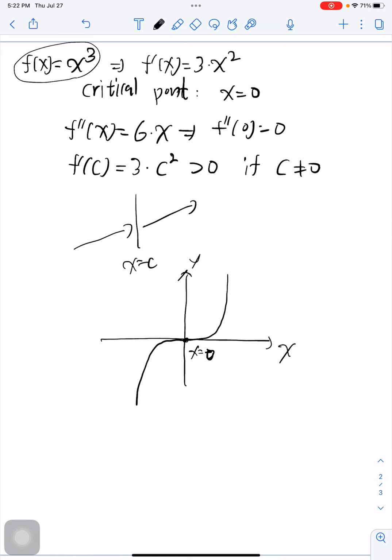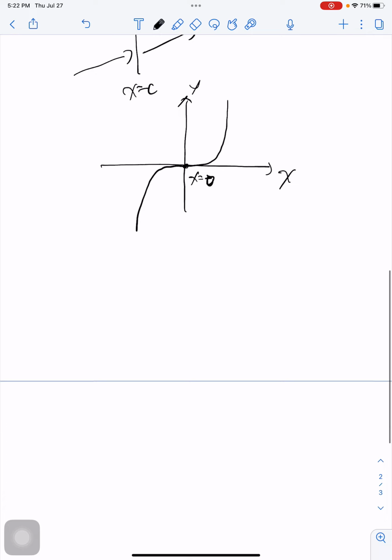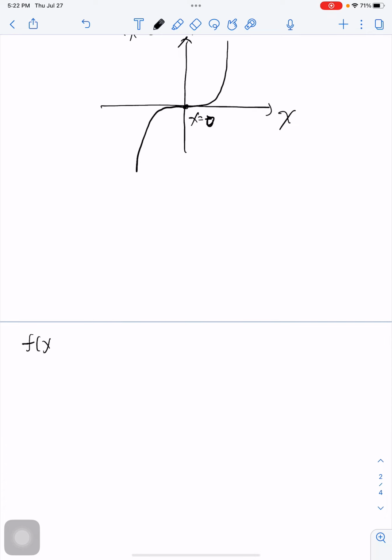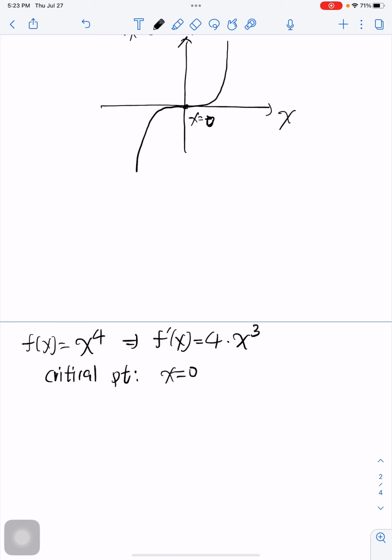Okay. All right, so let's talk about the other example I'd like to show you, which is f of x equals x to the power 4. Again, this function is differentiable, right? So let's take the first derivative, f prime of x equals 4 times x cubed. And the critical point, which is 0, right? Because when you substitute x equals 0 into the above equation, you get a 0 value.